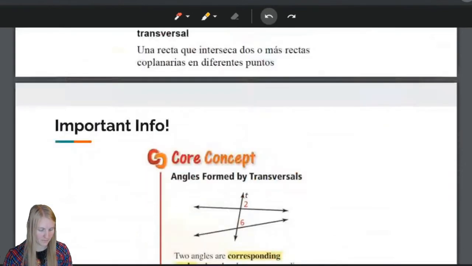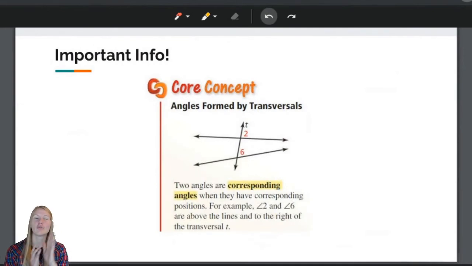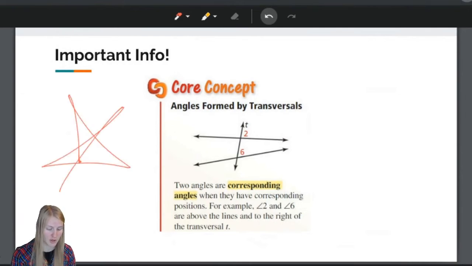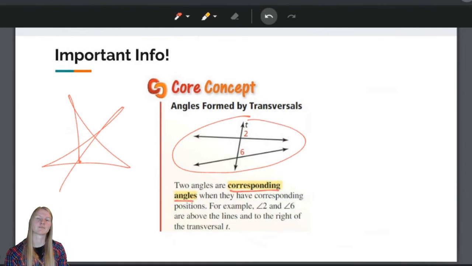Okay, so we're going to get into 4 special angle pairs today. Special angles formed by transversals. So if you have not been taking notes, definitely take notes and write this down. This picture with the name corresponding angles. 2 angles are corresponding angles when they have corresponding positions. Now, when we say corresponding, we mean the same position, but in a different place.